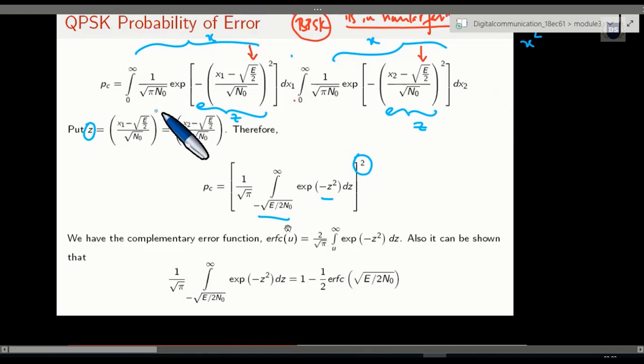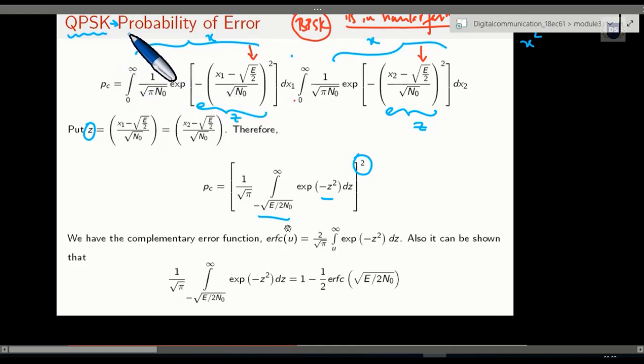In our previous class, we were discussing QPSK, and we were specifically calculating the probability of error for the QPSK scheme.